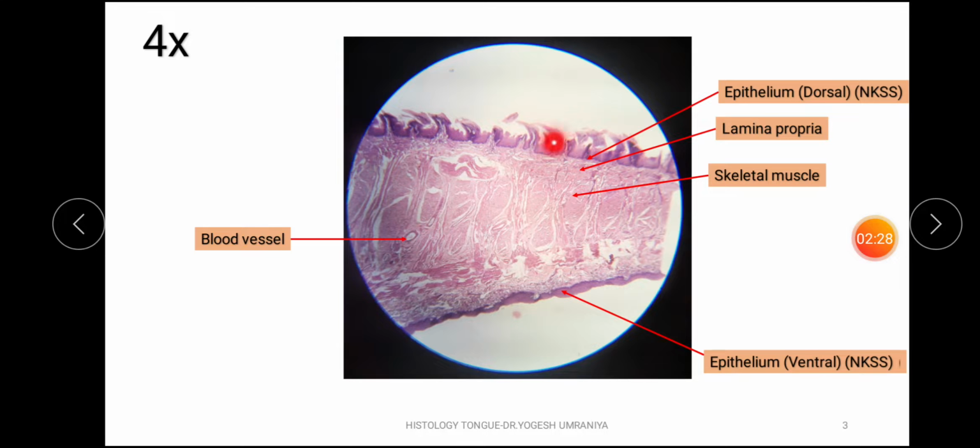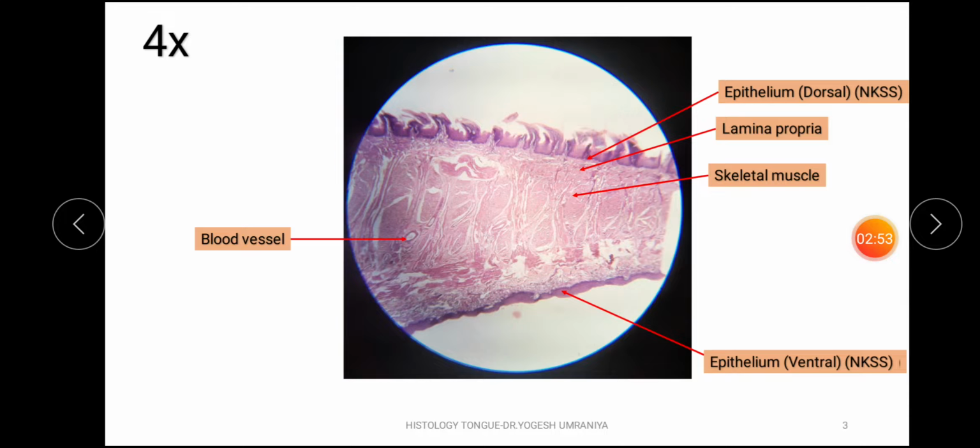Again on the top you can see the epithelium of the dorsal aspect of the tongue, which is non-keratinized stratified squamous epithelium. On the bottom you can mark this epithelium situated on the ventral aspect of the tongue, which is again non-keratinized stratified squamous epithelium.